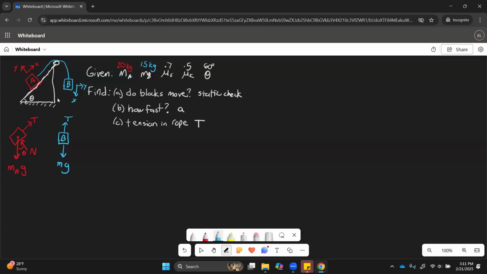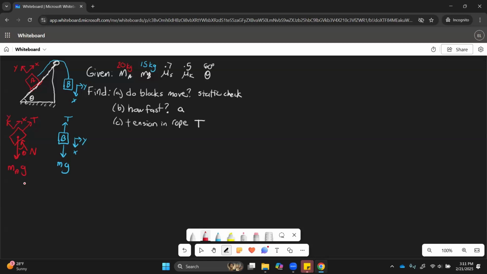This assumes that B is going to move down and A is going to move up the plane. So if we work it out and it turns out they do move, we'll be able to figure out which direction, and then we can adjust if we need to. But we'll just go ahead here and say that X goes down, Y goes to the side. And then on this one, X goes along the plane, Y goes perpendicular.